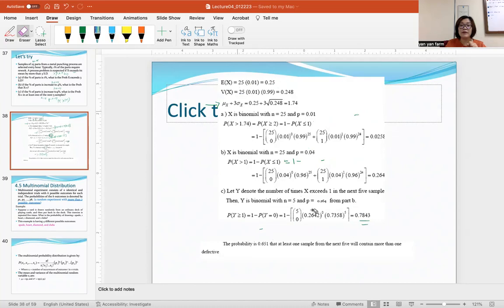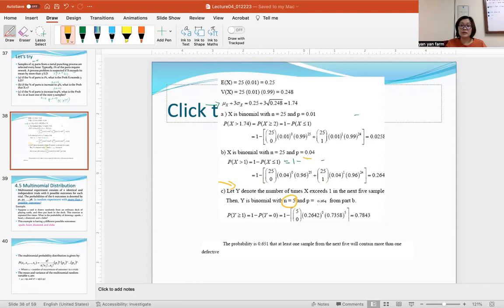It's just play around with your understanding. Once your n changes, you can't follow the previous one because your sample size is different. Okay, is that okay? And your successful rate is the same, like this.